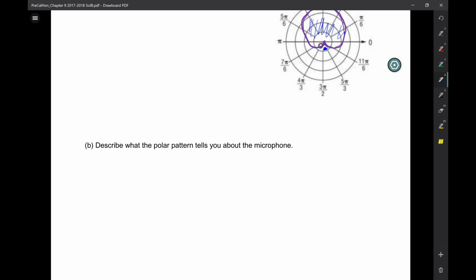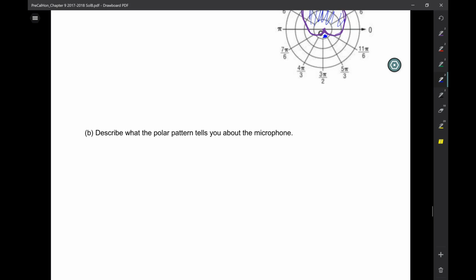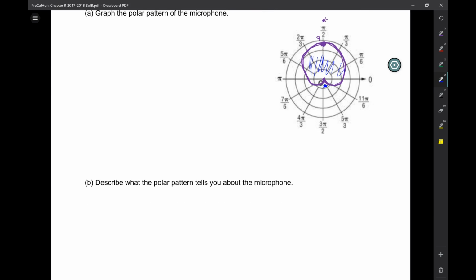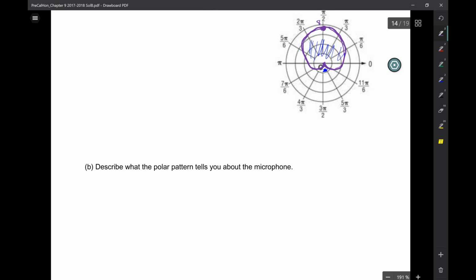So again, that's what the point of this problem is: to define, in English, what it is that this is showing you, all right? So the microphone, what does it tell you about the microphone, about the pattern? So it'll pick up sound.